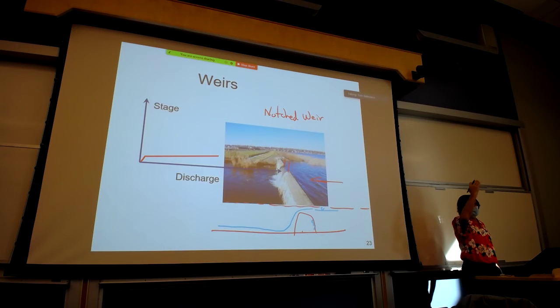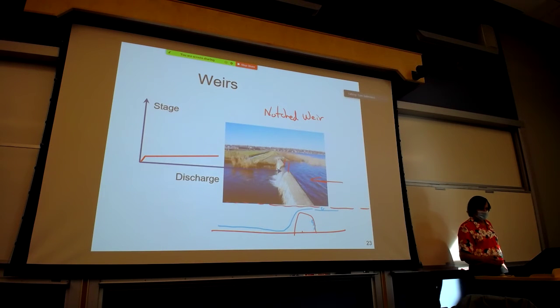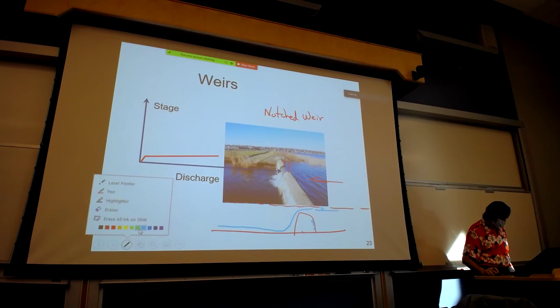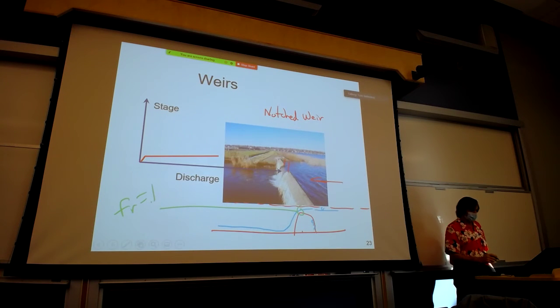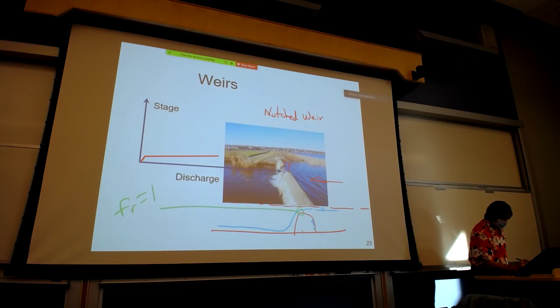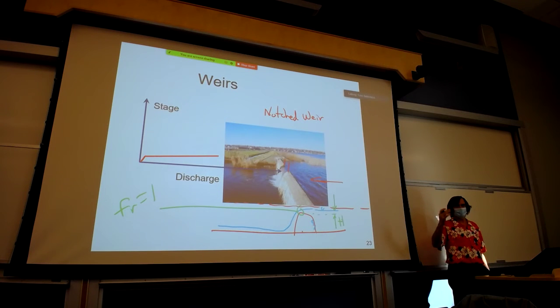You have water flowing uphill physically. But that's what's happening. And on the top of the weir is where we have Froude number equal to 1. And so all we have to do is measure that depth of water on top of the weir, and we know the discharge.